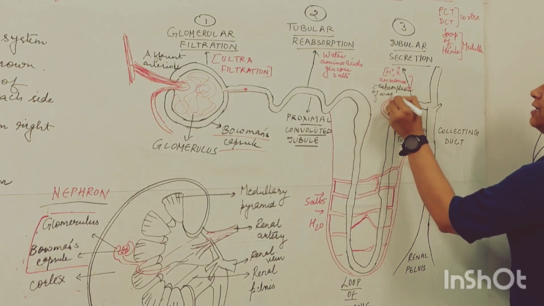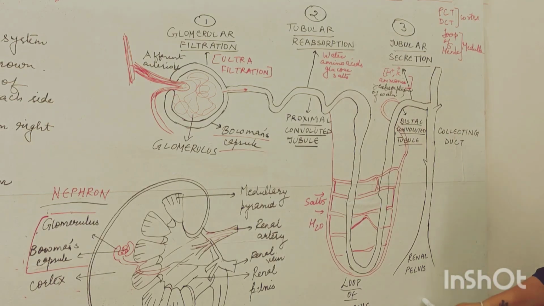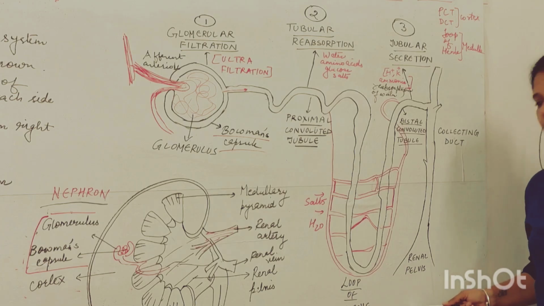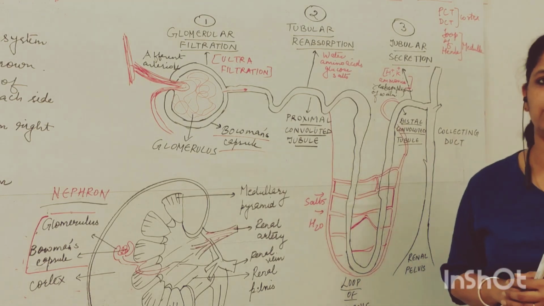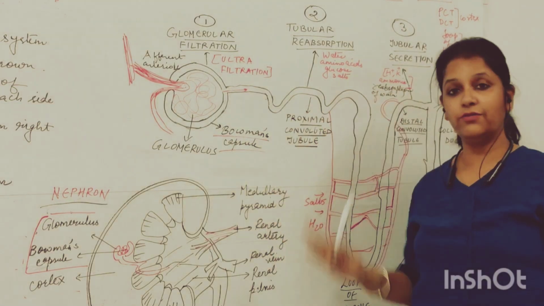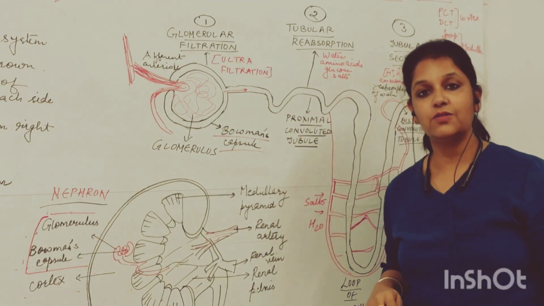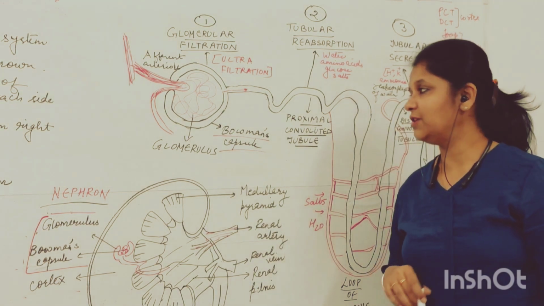After that, the urine gets collected into the collecting duct, which opens into the renal pelvis, and from here it enters the ureter and finally the urinary bladder and is expelled out as urine. So this is the entire mechanism of urine formation and how the nitrogenous waste is removed from the body, which is very important from the examination point of view.